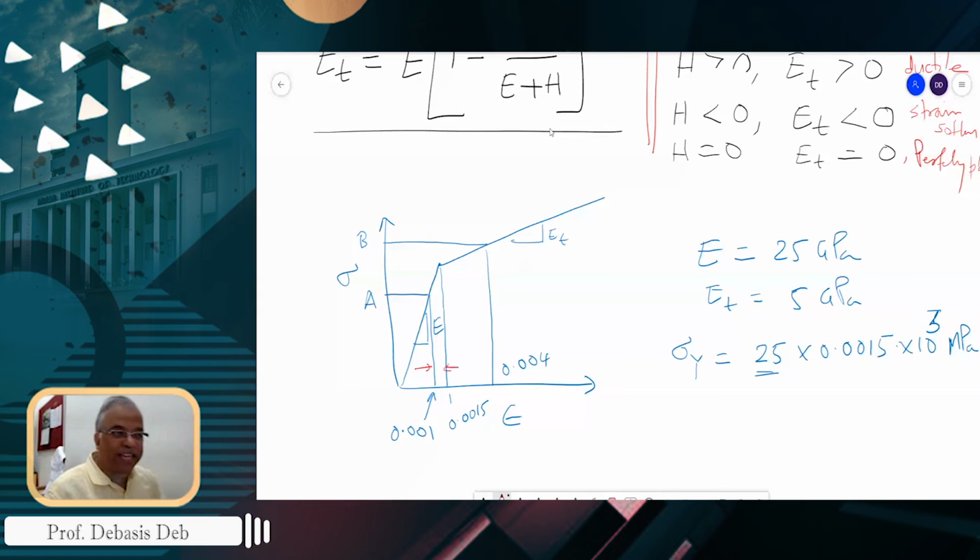See, the elastic strain has two parts. One is from A to yield. Let's say I put it as Y. So one part is from A to Y. This is delta epsilon E1, which I already know is 0.0005.